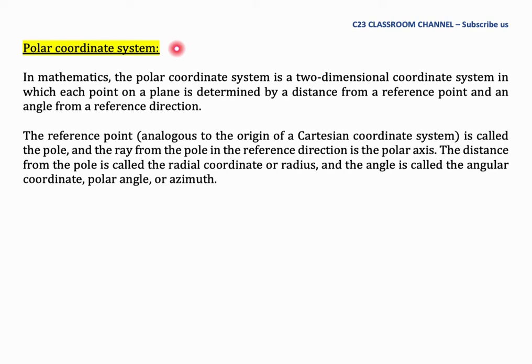The reference point, analogous to the origin of a Cartesian coordinate system, is called the pole, and the ray from the pole in the reference direction is the polar axis. The distance from the pole is called the radial coordinate or radius, and the angle is called the angular coordinate, sometimes called the polar angle or azimuth.